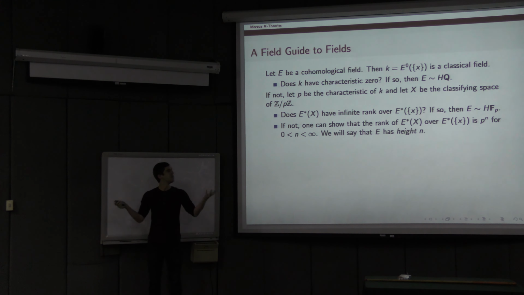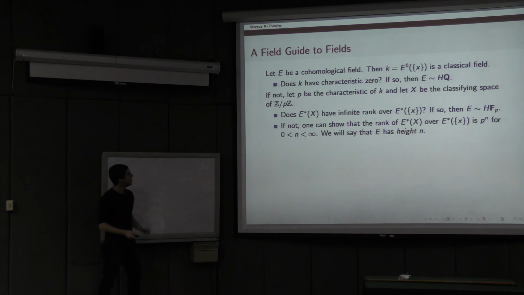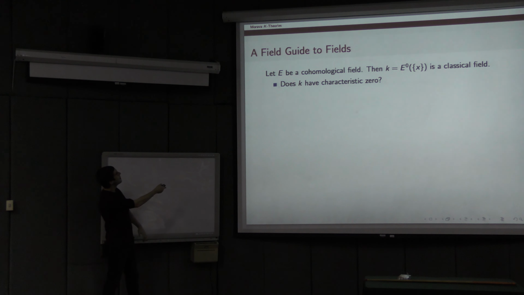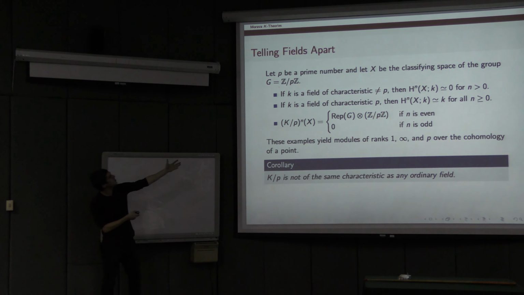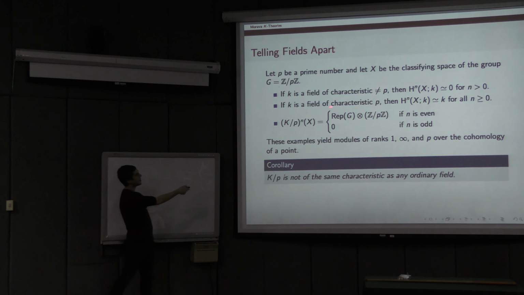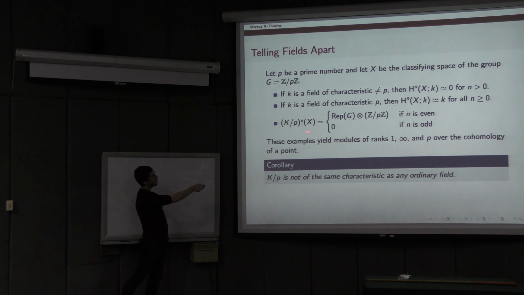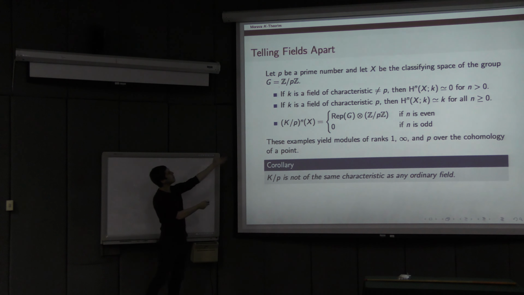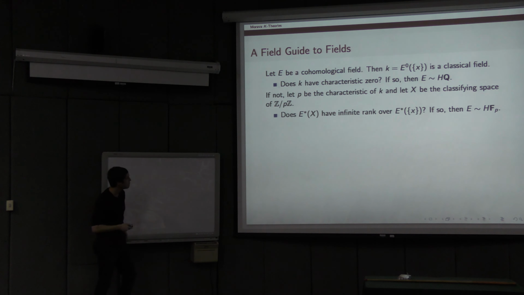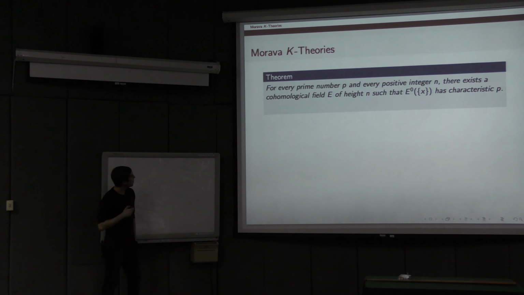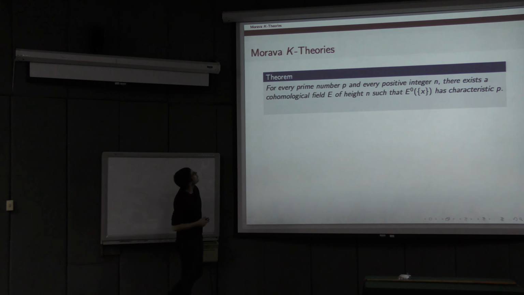So if you want to call that infinite rank, maybe you're not taking an alternating sum, I don't know. But if we go back to this slide, this is characteristic of what you see. So when I say it's free of finite rank, you actually get a sum of p to the n copies of what you get for a cohomology of a point, and so forth.